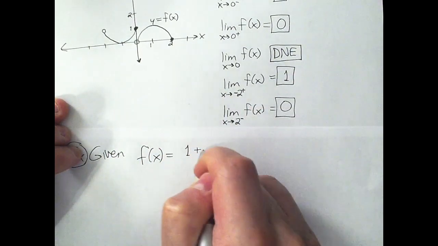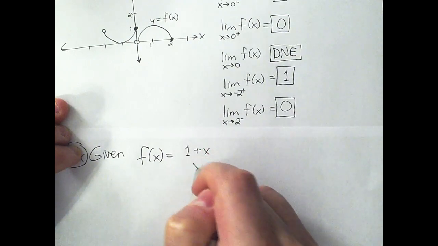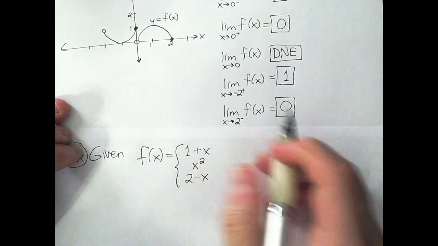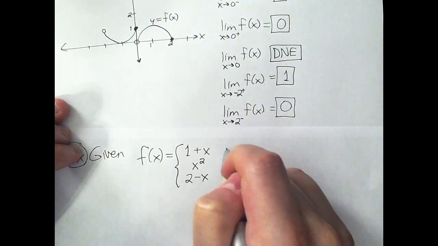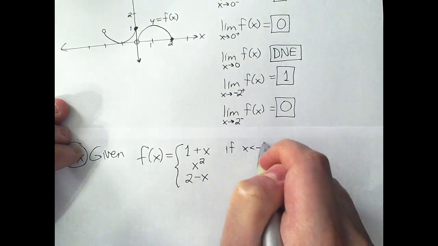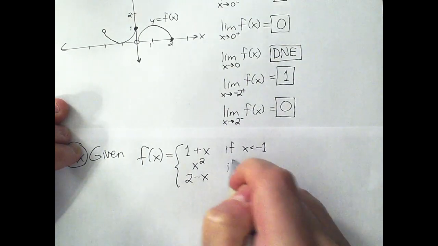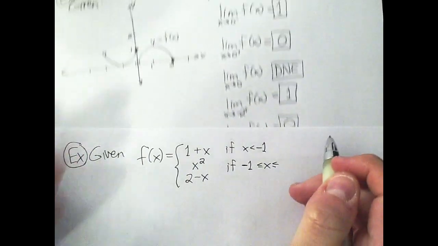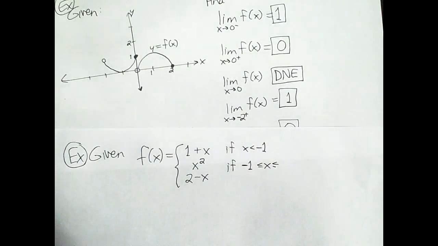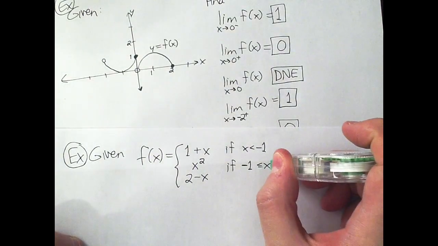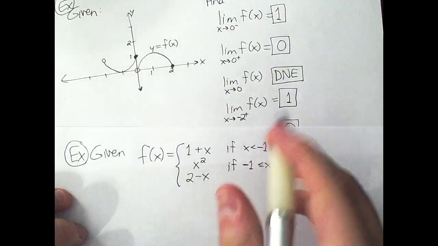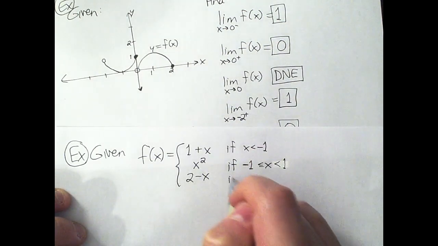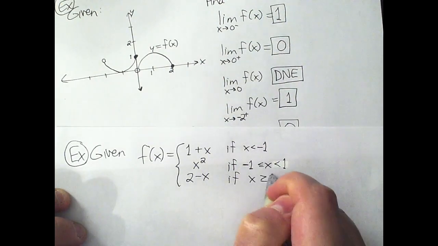So a piecewise function can have 2 rules or 3 rules or whatever. This is going to have 3 rules. This is going to be 1 plus x if x is less than -1, x squared if -1 is less than or equal to x is less than 1, and 2 minus x if x is greater than or equal to 1.